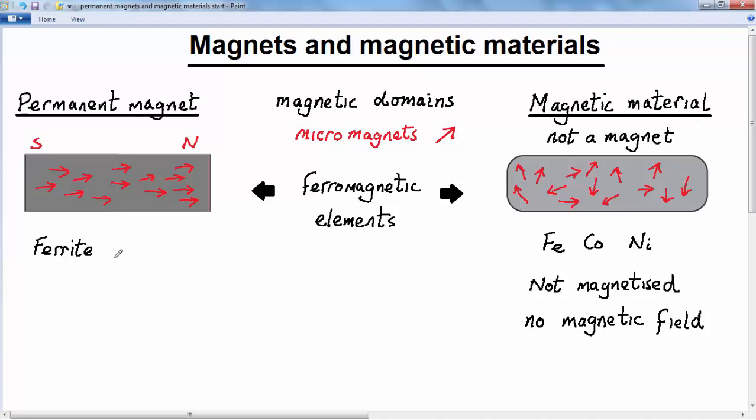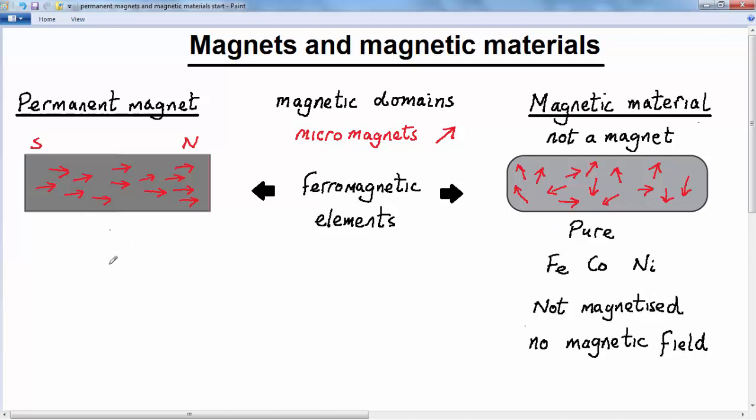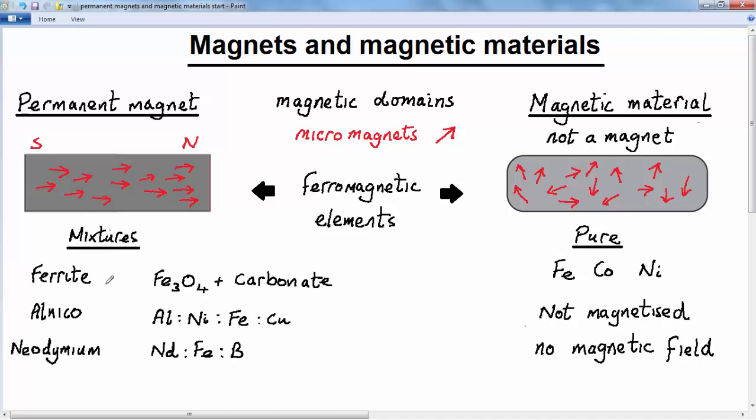Before we do that, I'd just like to compare briefly the components of the magnetic material and the permanent magnet. As I just mentioned, the magnetic material tends to be made from either pure iron, cobalt or nickel, whereas our permanent magnets tend to be mixtures of different materials. For example, ferrite is a mixture of iron oxide and metal carbonates such as strontium carbonate or barium carbonate, typically.